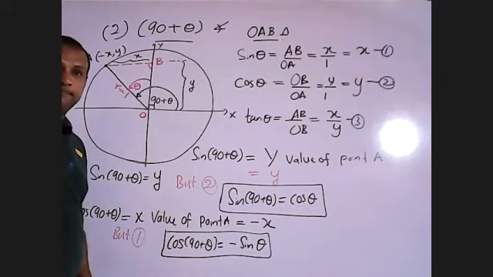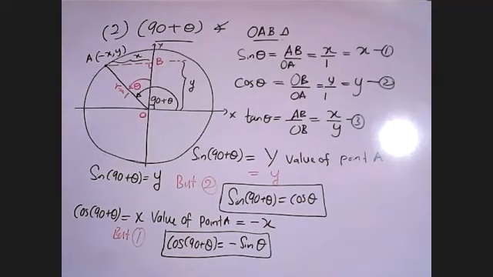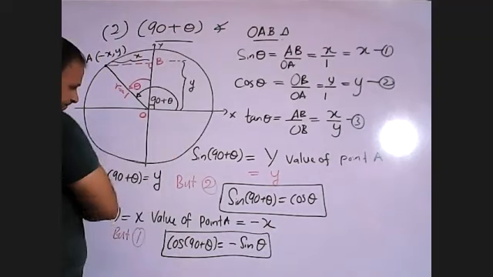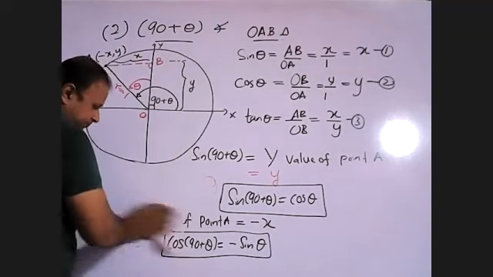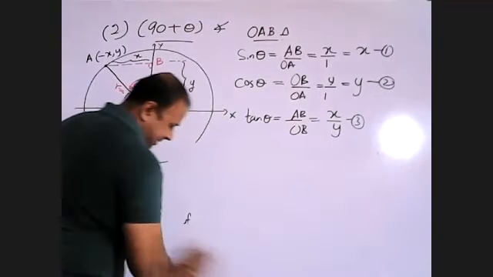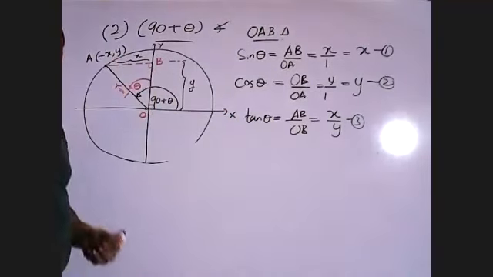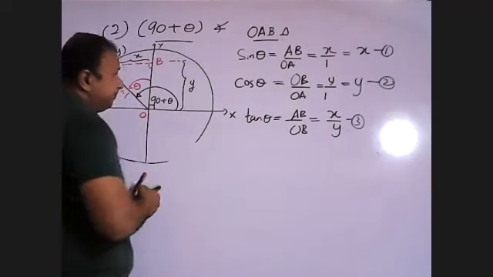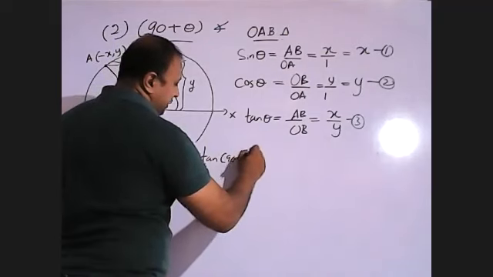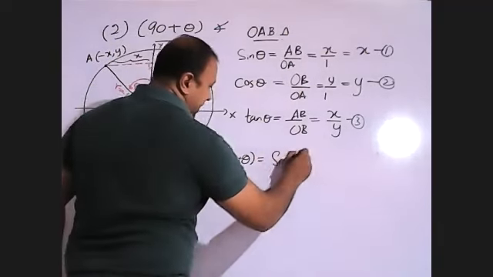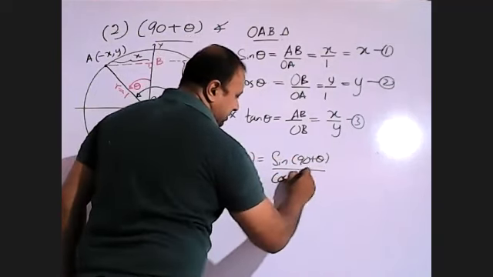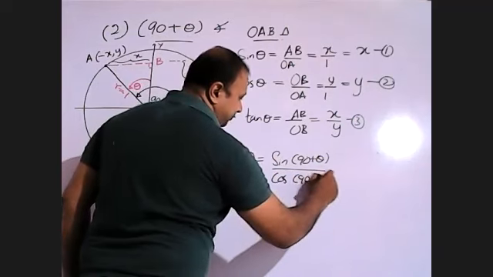Okay. Then look at this. Tan 90 plus theta. Tan 90 plus theta is equal to sin 90 plus theta over cos 90 plus theta.